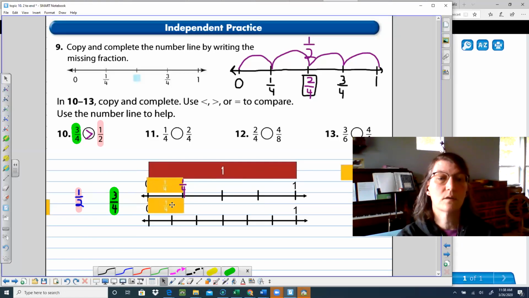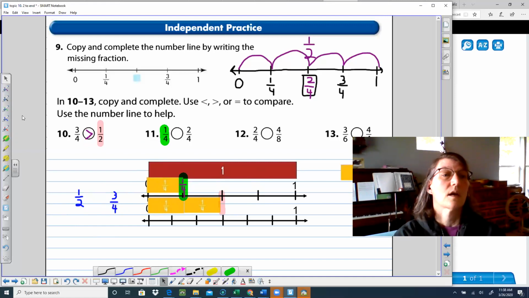Here was 1, and here is 2. So let's make our 1/4 green. And let's make our 2/4 pink. And I gotta write that one in because I didn't already write it in. 2/4.